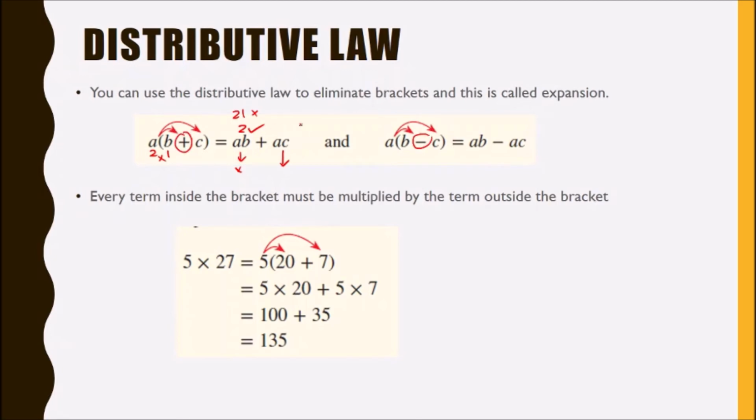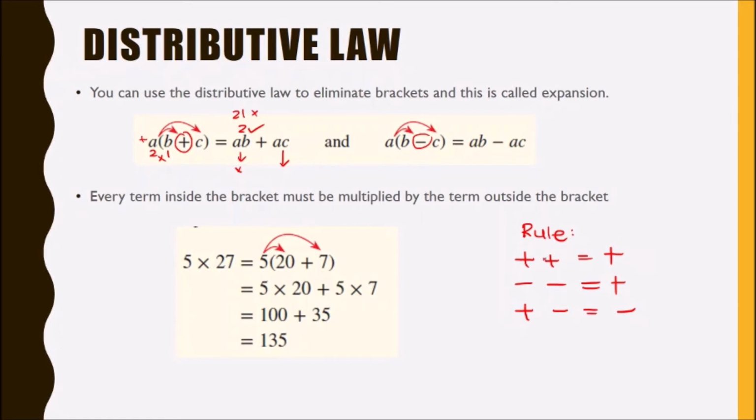And we need to know that in front of every letter or number that doesn't have a minus or negative sign, it's always assumed that it's positive. And the rule that we need to know for signs is we must remember positive and positive equals positive, negative and negative equals positive, and a positive and a negative equals a negative.